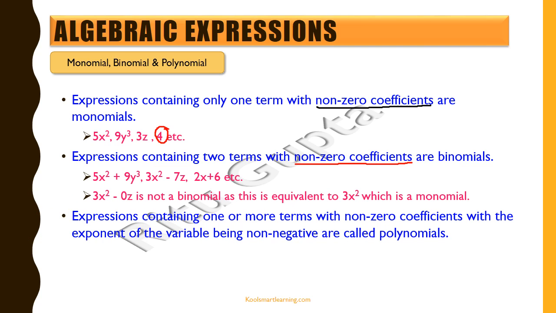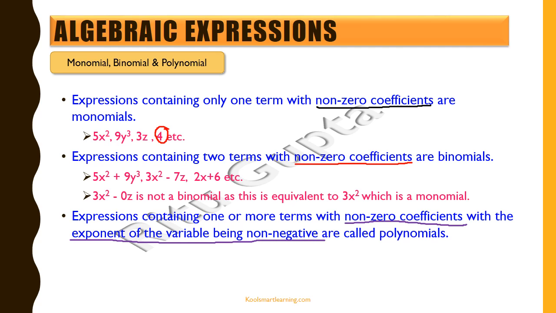Now, expressions containing one or more terms with non-zero coefficients, with the exponent of the variable being non-negative, are called polynomials. Now here we have two important things. First, it should be a non-zero coefficient, and the second thing is that the exponent of the variable should be non-negative.